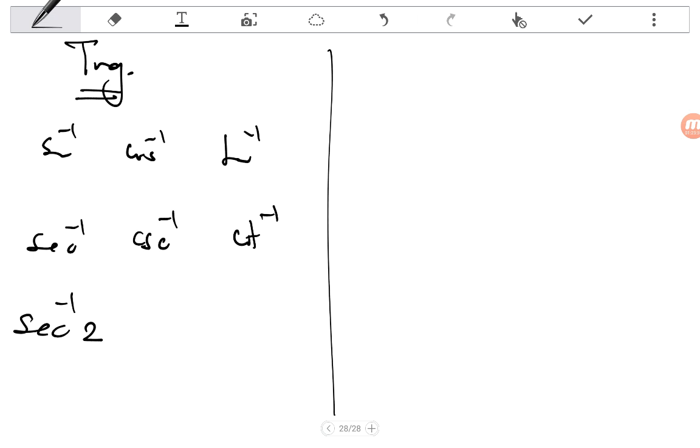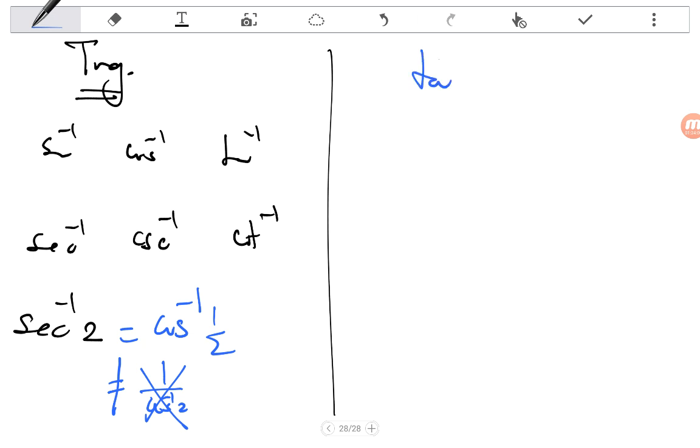You need to remember this rule: sec inverse of 2 is just the cosine inverse of half. So the rule is not 1 over cosine inverse, no. It is cosine inverse of the reciprocal.